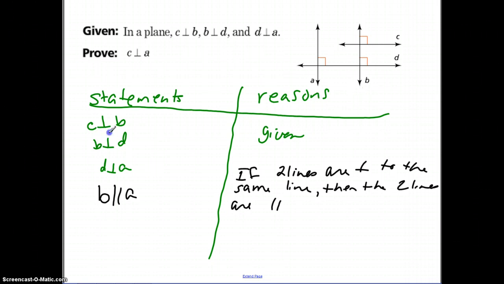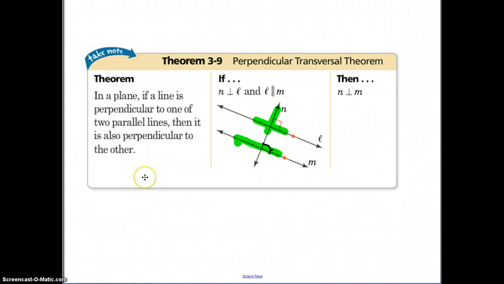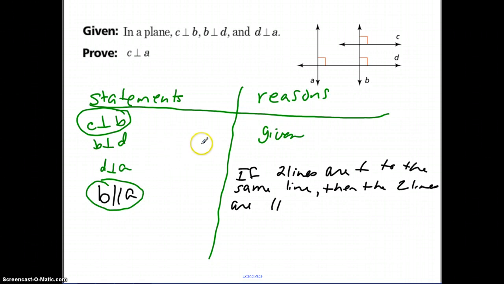Well, let's go back and try to combine this statement here with this statement here. I'm going to take a trip down memory lane and go back to my perpendicular transversal theorem, which said if line N is perpendicular to line L and line L is parallel to line M, I know that line N is perpendicular to line M. I'm going to apply all of that here.